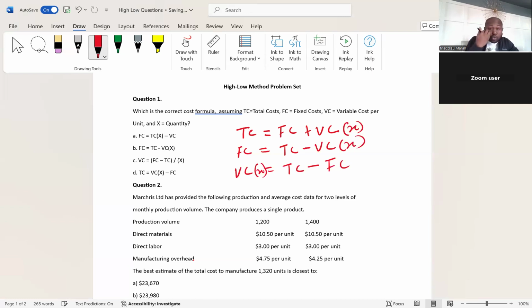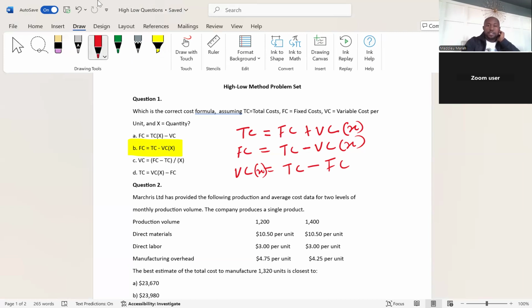The correct answer for question 1 is this one: fixed cost equals total cost minus variable cost per unit multiplied by number of units. So this is the answer to question 1.